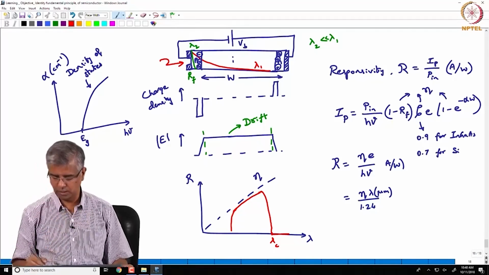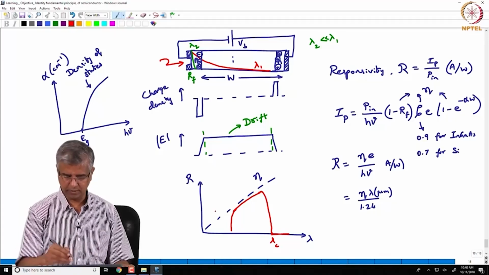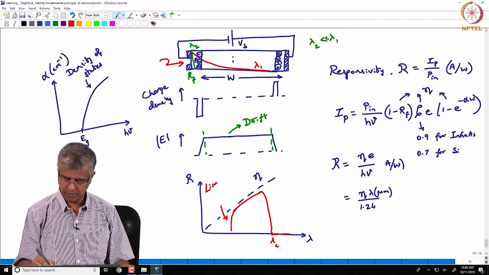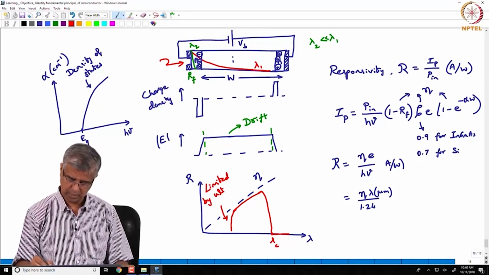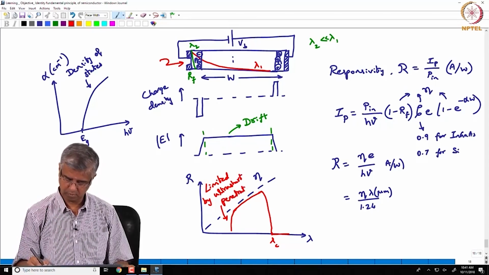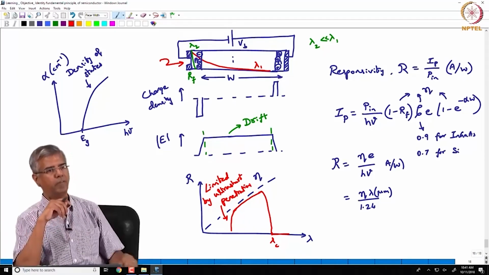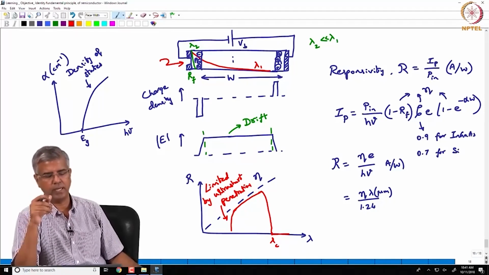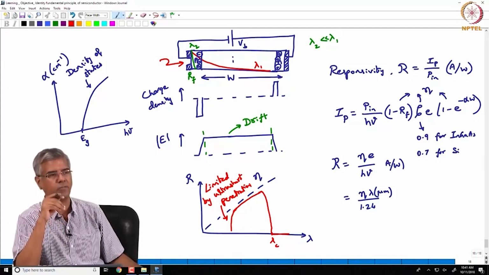It is going to drop off abruptly because at this point it is limited by ultra short penetration, because as you go smaller and smaller in wavelength, that corresponds to higher and higher energy, and all your absorption happens near the facet itself.